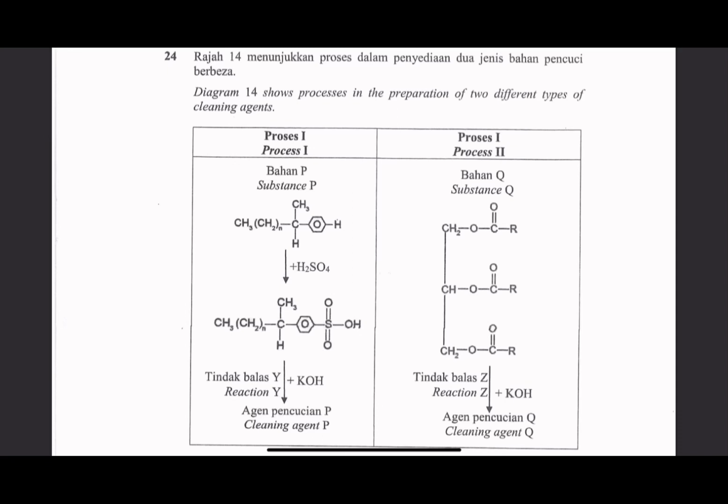Okay, continue question 24. The diagram shows the process in the preparation of two types of different cleaning agent. And we know that we have two different types of cleaning agent, that is soap and detergent. So let's go through the process.